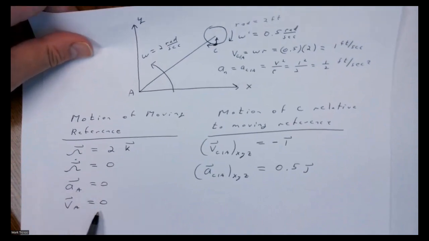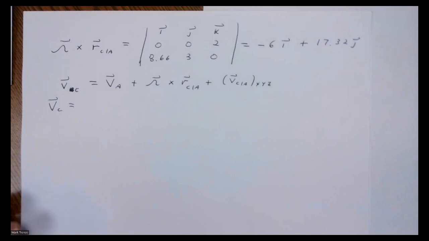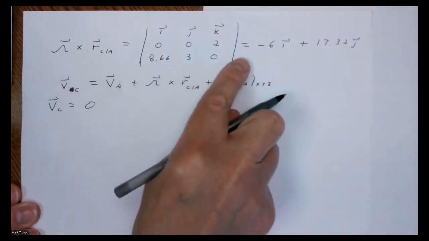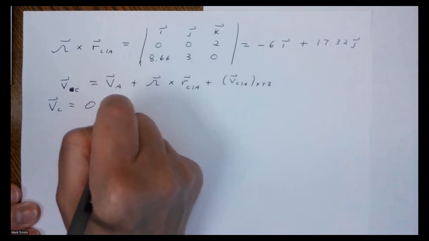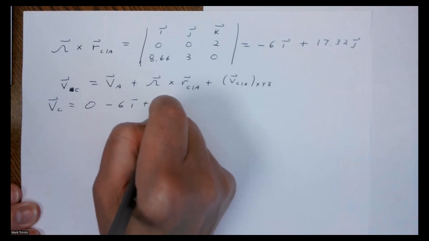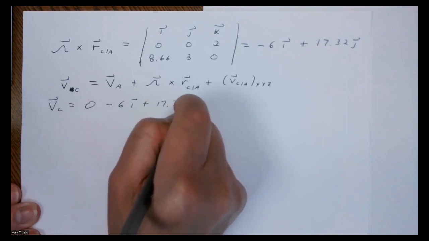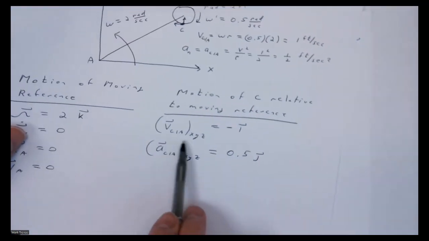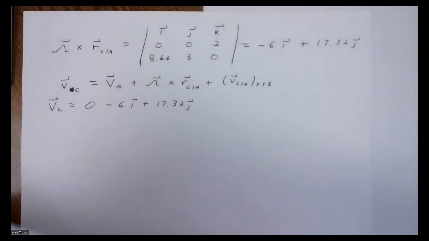So our VA was 0 and our AA was 0. So that's going to be 0. We just calculated this up above. And our VCA was negative 1i.